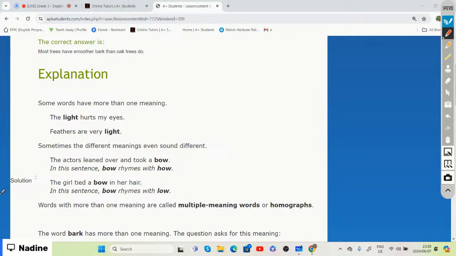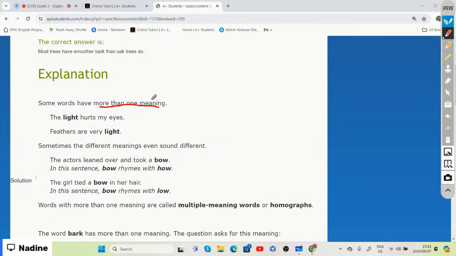So what we said is that some of the words have more than one meaning, and sometimes it's not just two meanings that it has. Because if you look up a word in the dictionary, you'll see the dictionary gives you different meanings of a specific word. And that is why we say that it has multiple meanings, because it doesn't necessarily just mean one word means one thing, the other word means another thing.